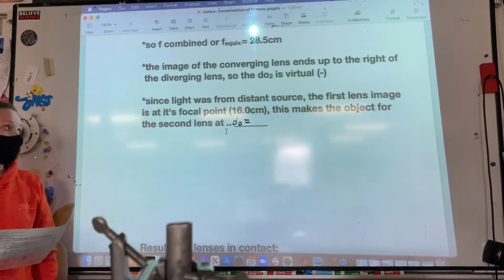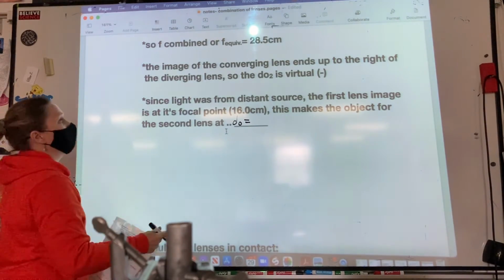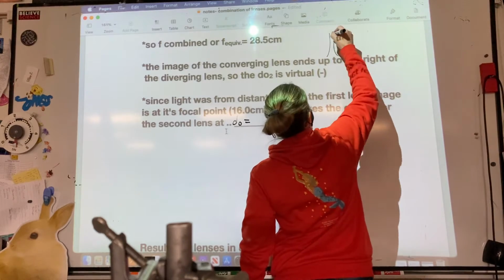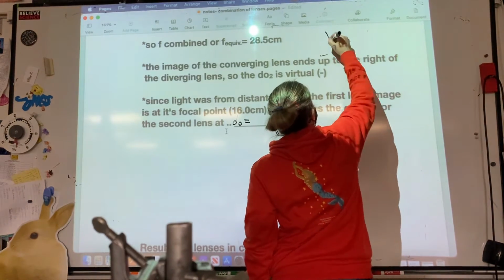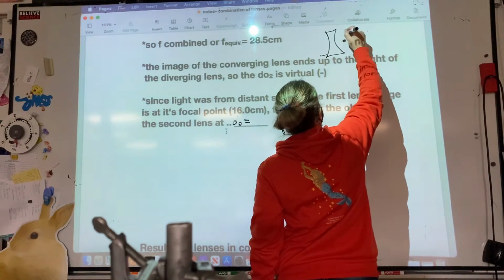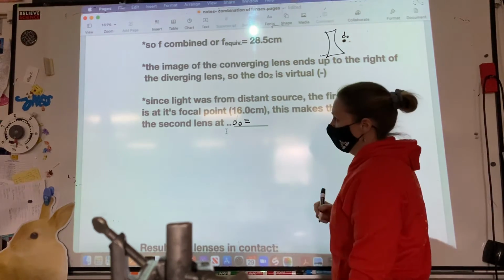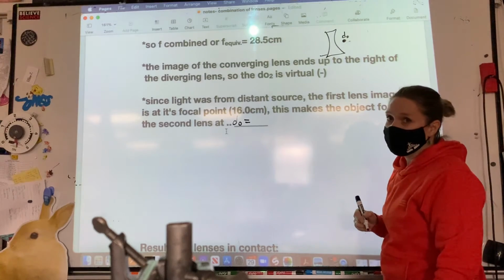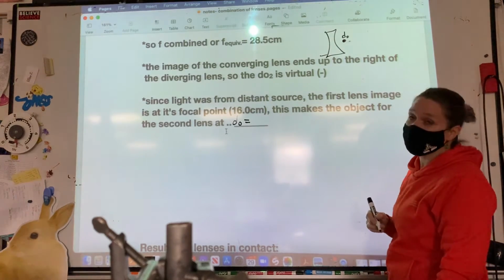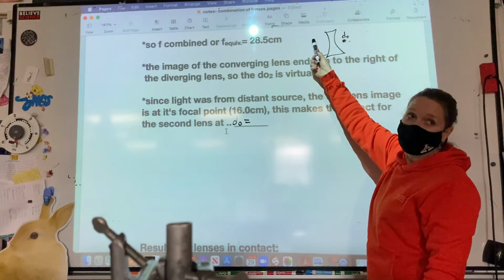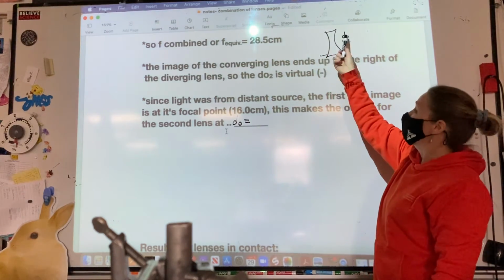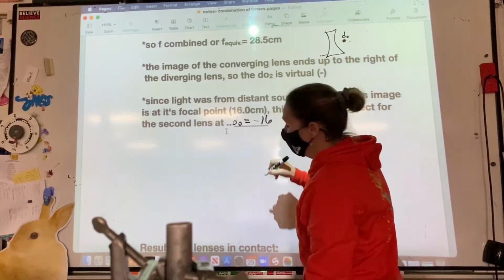What am I going to call DO in that picture? Isn't my object right here? It's not 16 because 16 would imply it was on this side.